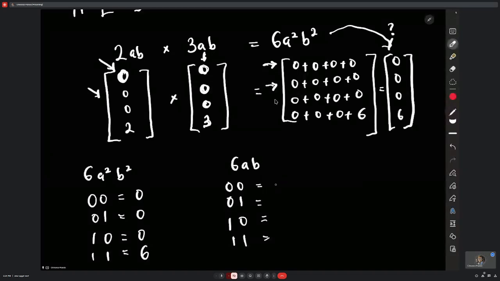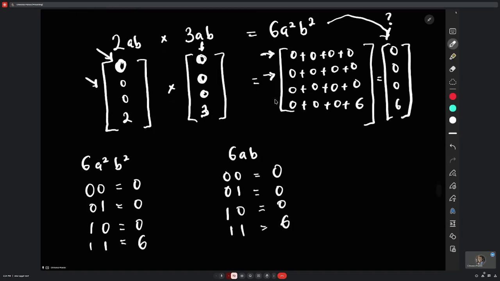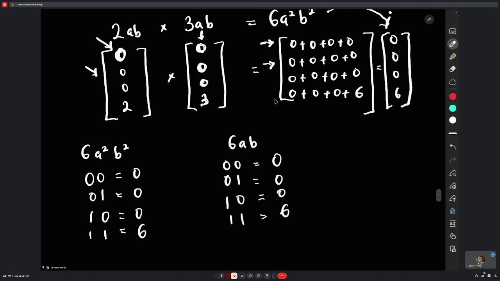Exactly. Because the two of them pass through the same points, right? So what did we say about two polynomials of a different degree? Can we remember the Schwartz-Zippel lemma? So what does the lemma say? If two polynomials are equal, they are equal at all the points.